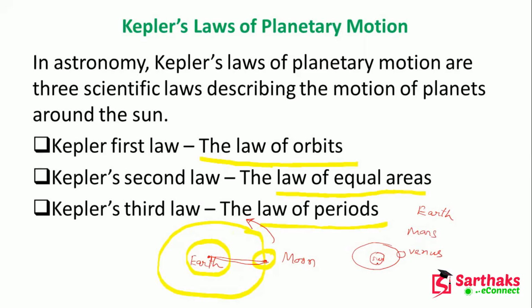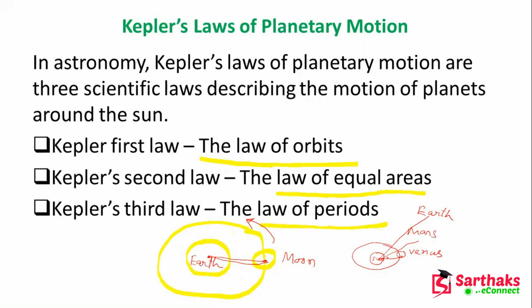For every motion it takes some time period. The radius is also different: from sun to Venus, from sun to Mars, from sun to Earth, you have different radii. So the time period is dependent on the radius of the elliptical orbit. That we will demonstrate in Kepler's third law.